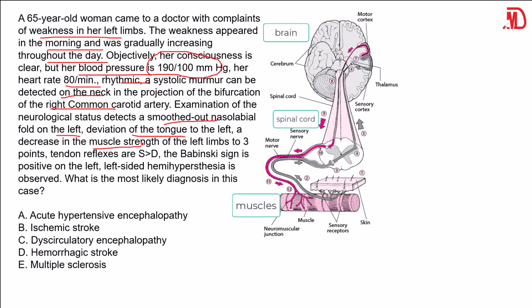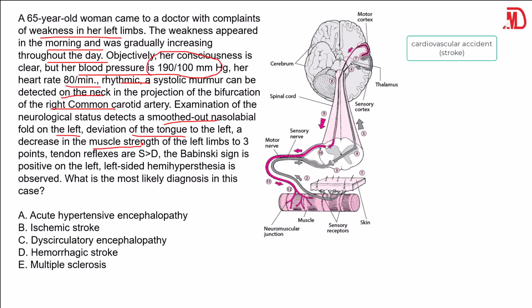And hence, if they said there's weakness in the limbs, there's facial deviation, you are simply looking for a brain dysfunction, which could be caused by either cardiovascular accident, by either head injury, by encephalopathy, or any other thing that has to do with the brain.